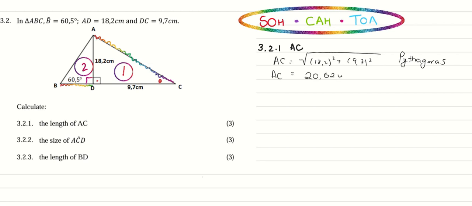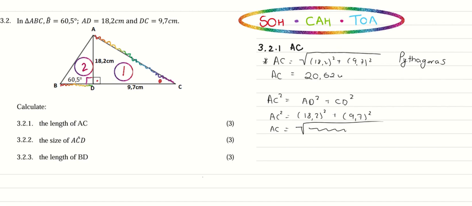Okay, now I realize that I might have confused somebody by going straight into this step. So let's say AC squared is going to be AD squared plus CD squared, and then from here you could have just substituted those values. So AD is 18.2 and DC is 9.7, right? And then from here you would have just put that value under your surd.